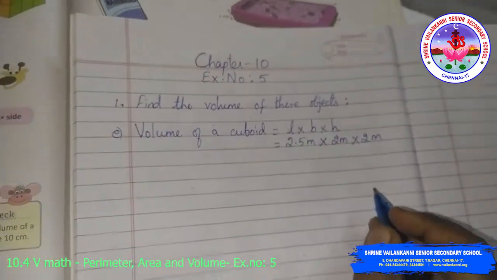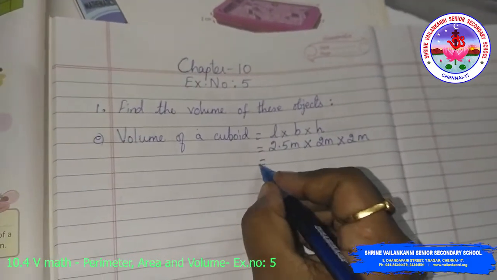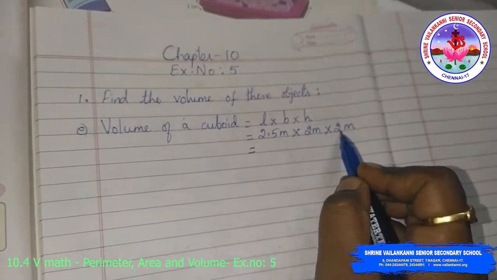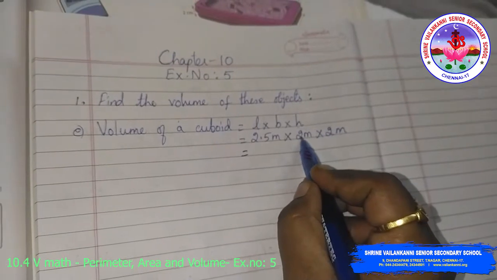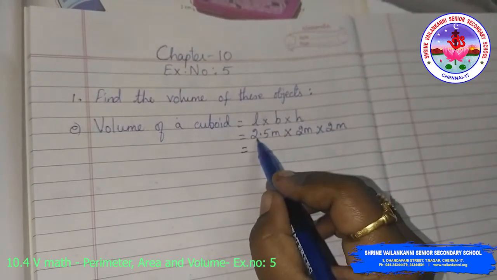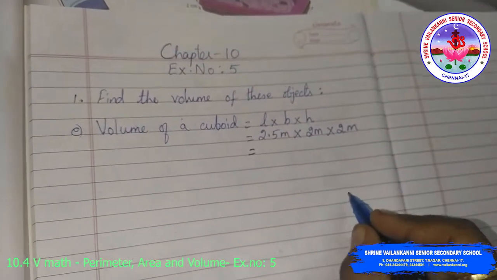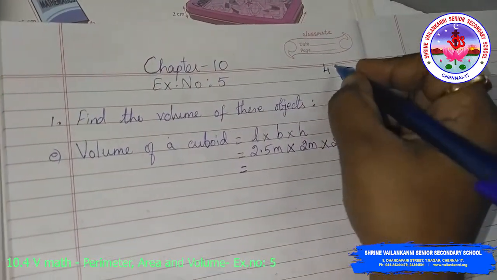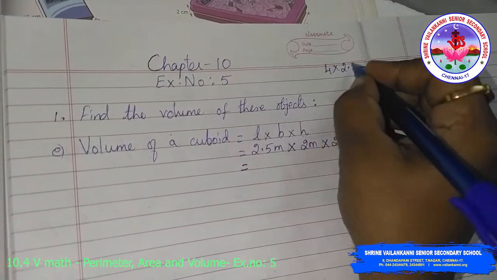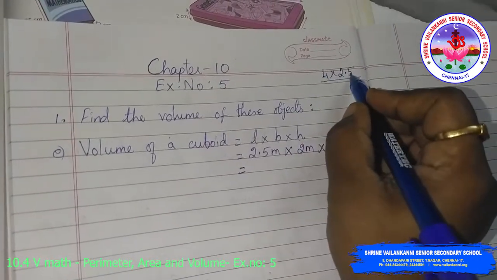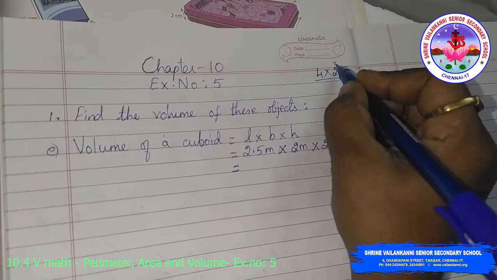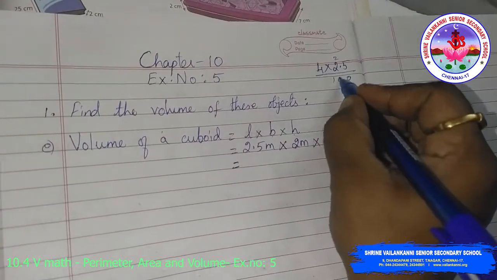Now we are going to multiply length into breadth into height. So 2 into 2 is 4. 4 into 2.5, I'll just do it here. 4 5s are 20, 4 2s are 8 plus 2, 10.